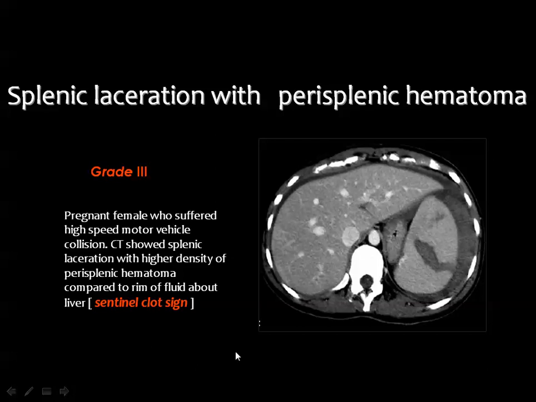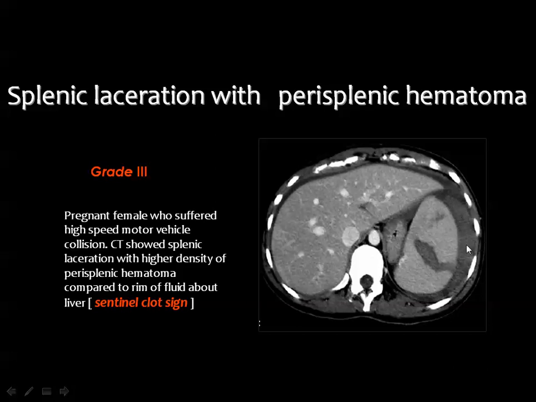And this sign indicates that the fluid adjacent to the site of the bleeding is hyperdense compared to the fluid in the rest of the peritoneal cavity. And if you see fluid around the spleen and the fluid also around the liver, then the bleeding organ is the organ adjacent to the fluid of relatively hyperdensity.